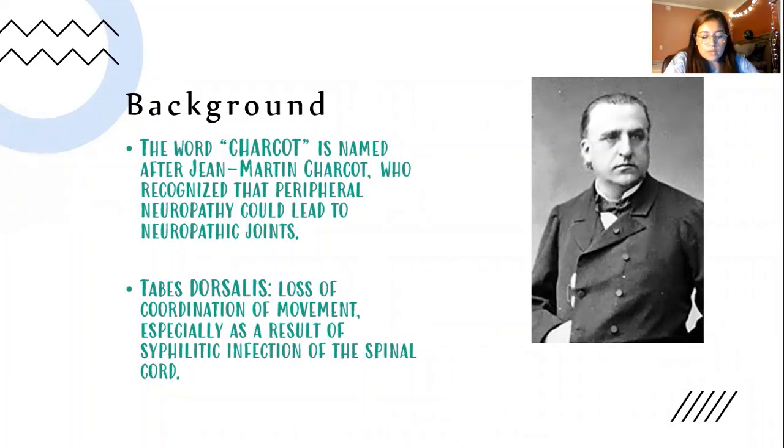He was a French professor at the University of Paris back in 1982. He approached patients as if they were pathological specimens, and he observed them and measured them, specifically in finding the causes behind neuropathic joints, going down to the roots to find out what it is that he could discover and why.